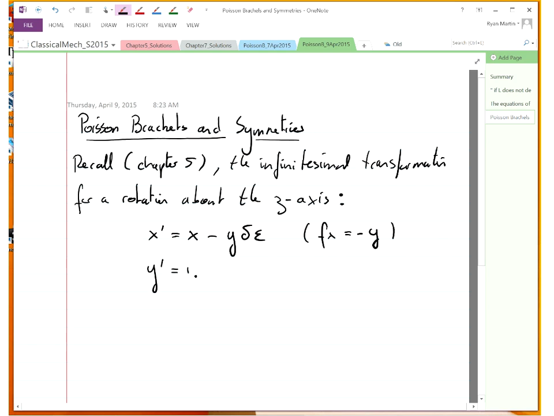We found that y prime was given by y plus x times delta epsilon, so the coefficient Fy was equal to x. And then z prime was equal to z. Rotation about the z-axis leaves the z coordinate unchanged, so Fz was equal to 0.